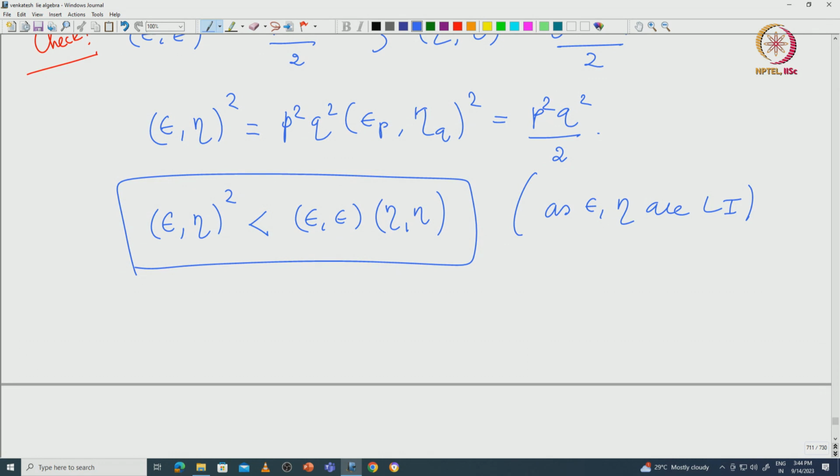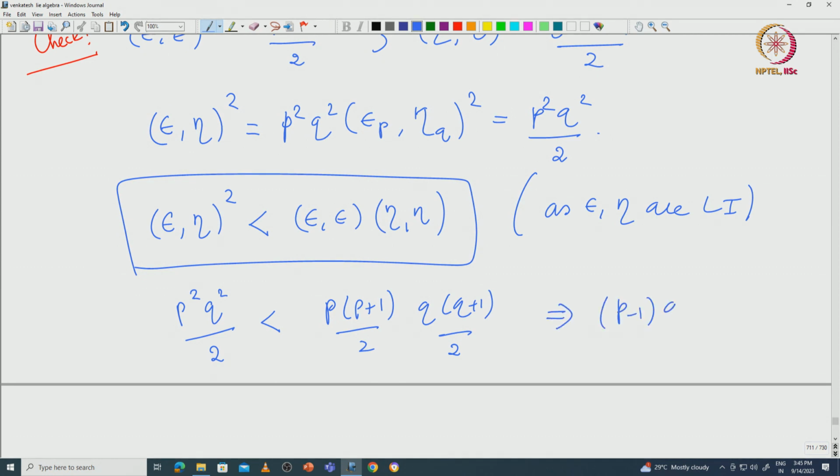Now you can see that this gives us p square q square divided by 2 is less than p into p plus 1 by 2 times q into q plus 1 by 2. If you simplify, you get exactly that p minus 1 times q minus 1 is less than 2. I will leave it to you to check this. It is again plain computation, nothing else.